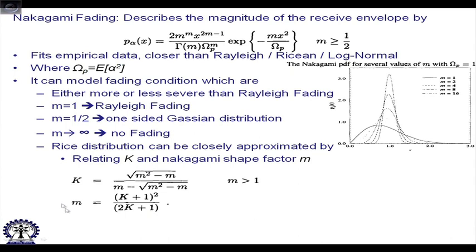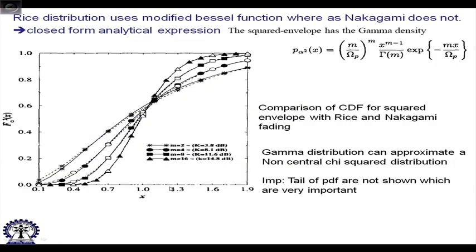Now, a last note regarding this part: k equals root over m squared minus m, and so on and so forth. With the mapping of k to m and m to k, we have to be a little bit careful. This figure shows the distribution of the square envelope of the gamma density function, and on the x axis is the variable x, whereas we have two different kinds of lines.